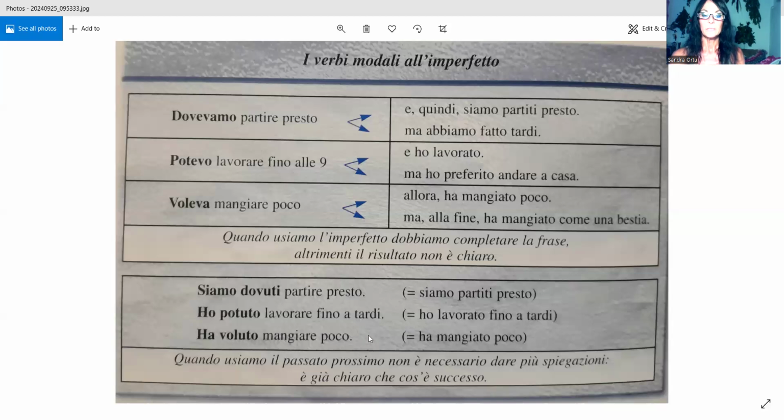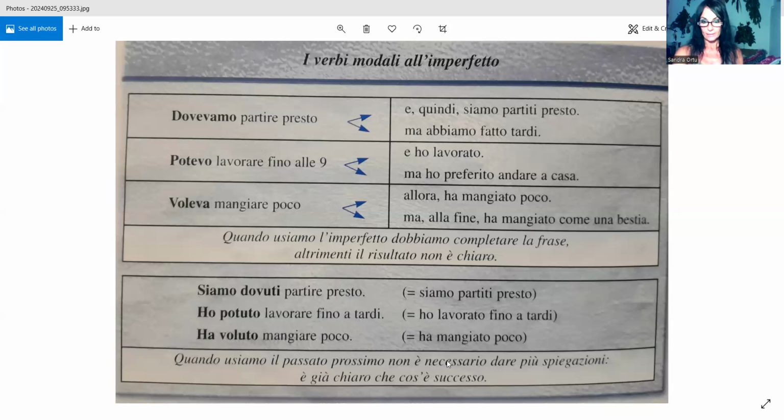Finally, the verb volere: "ha voluto mangiare poco." In this case, he has wanted, he decided, he deliberately ate little because that's what he wanted to do. The result or outcome of this sentence is he ate a little.